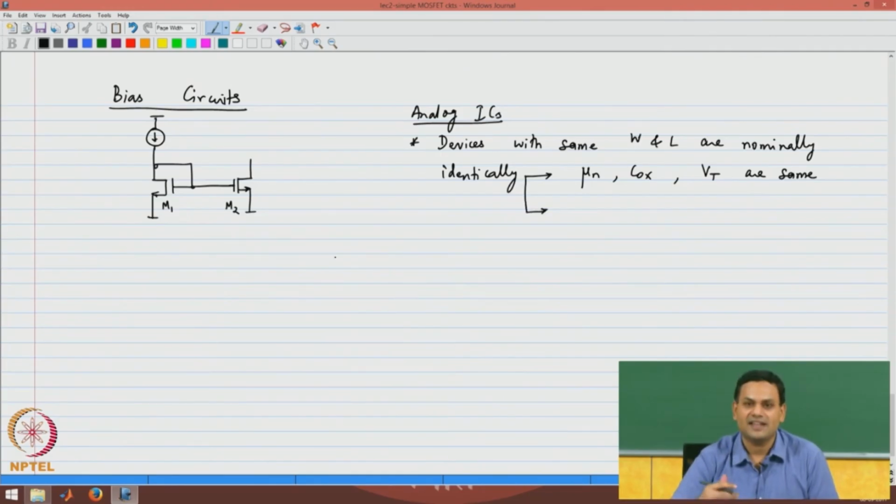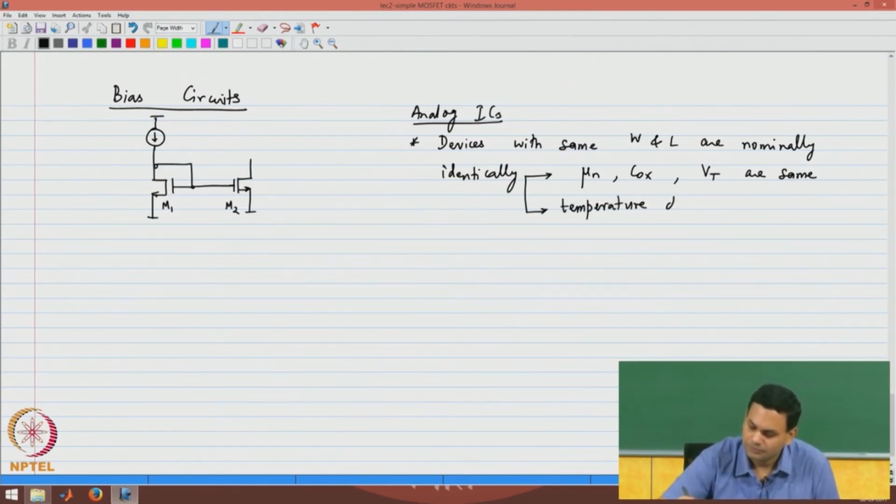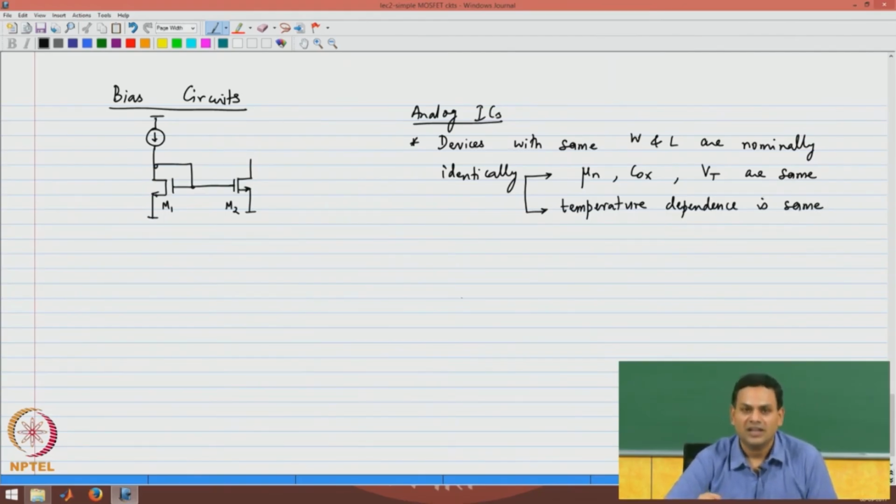The other thing you can say is that the minute they are on an IC, they are very close to each other, and therefore, they will experience very similar temperature changes, so you can assume that the temperature dependence is also the same. If the temperature increases, normally the mobility of the holes or electrons falls. In such a case, if you have two devices on the same IC, their mobilities will change by the same percentage amount.